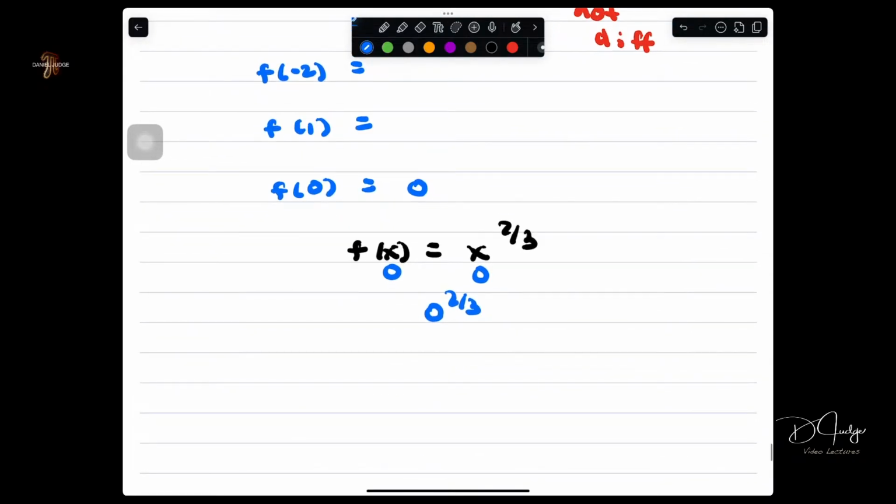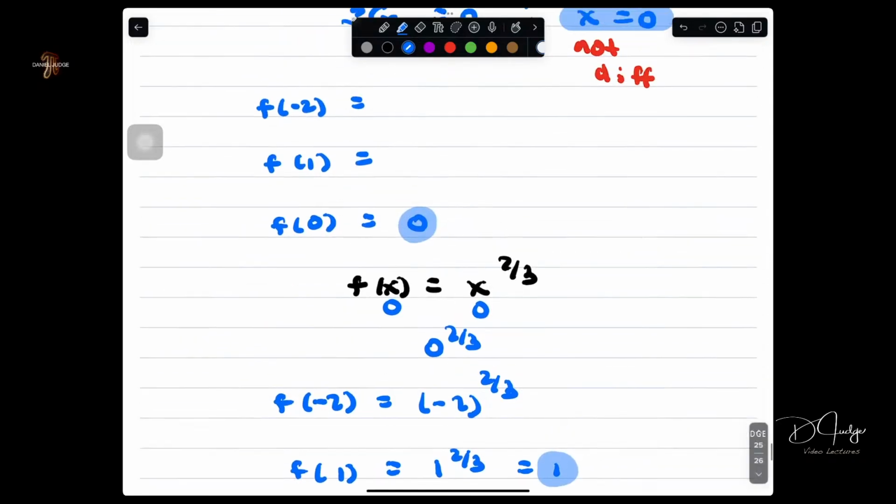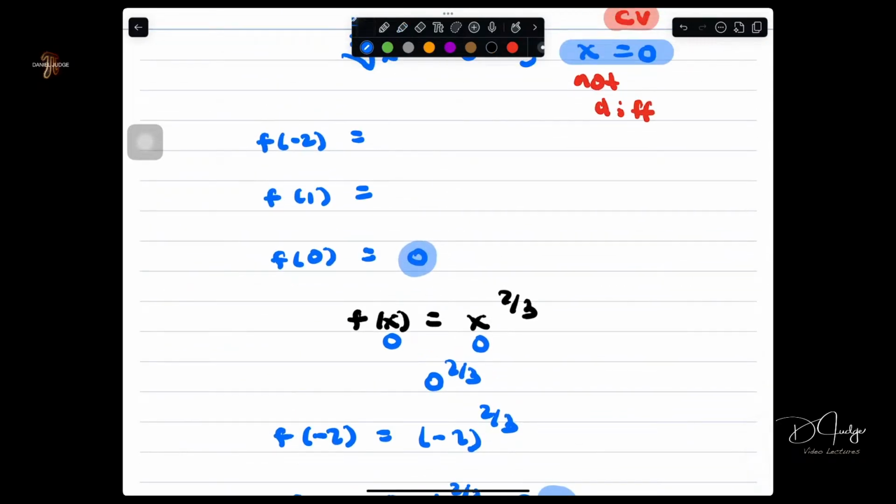You have to do that for the endpoints as well. You have to find f of -2, which will be -2 to the 2/3. And you have to find what f of 1 is, which would be 1 to the 2/3. Well, that one's easy. That's 1. So far, we've done the easy ones.